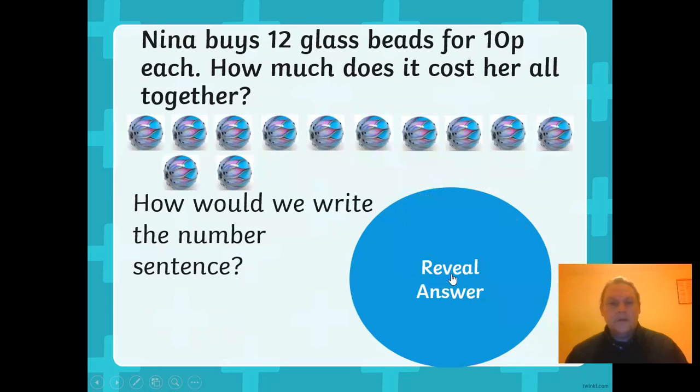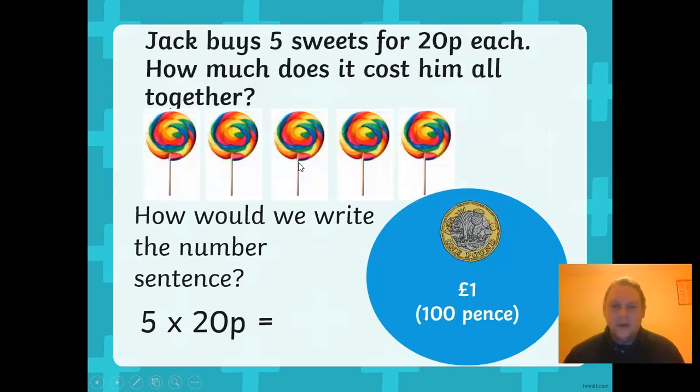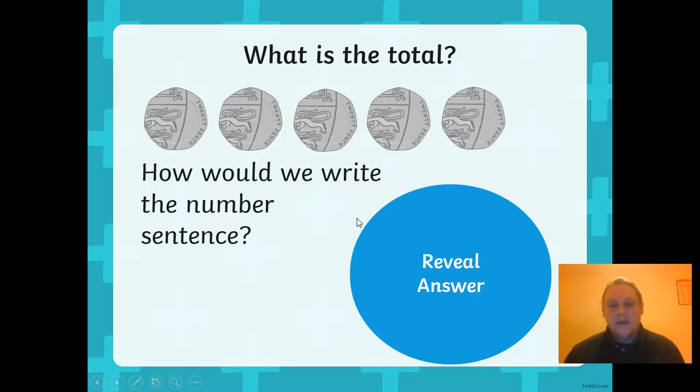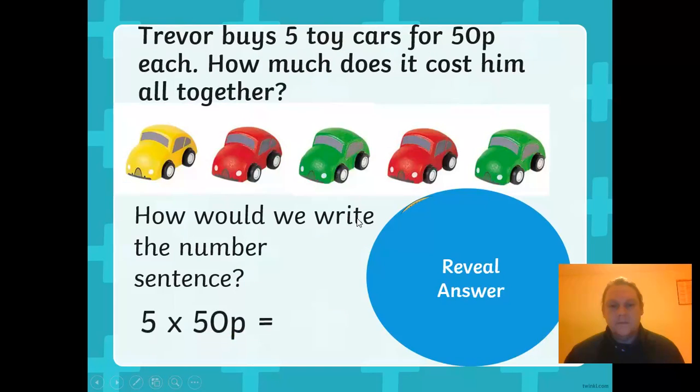All right, next one. Nina buys 12 glass beads for 10p each. How much does it cost her altogether? All right. Now, hopefully, you'll have recognized the answer to this question possibly from the work we've been doing earlier. So we said that 10 times 10p is £1. Okay, that's a big clue for this question.